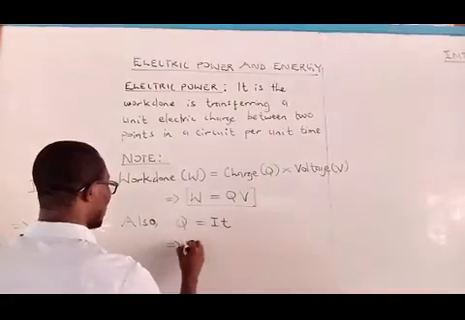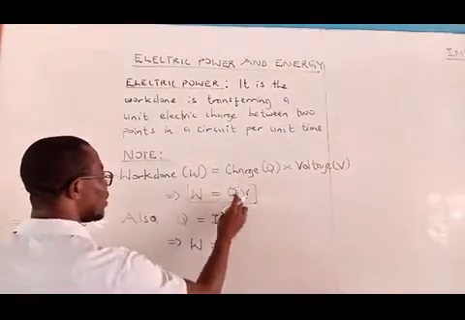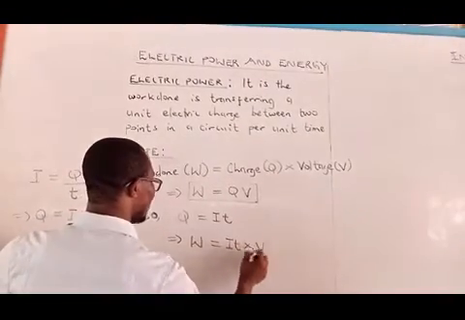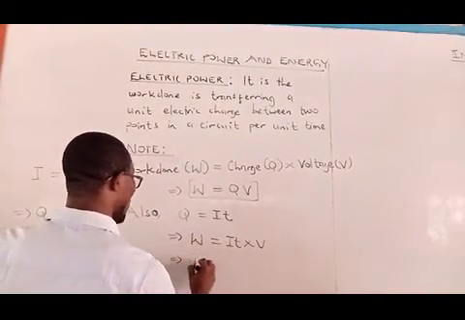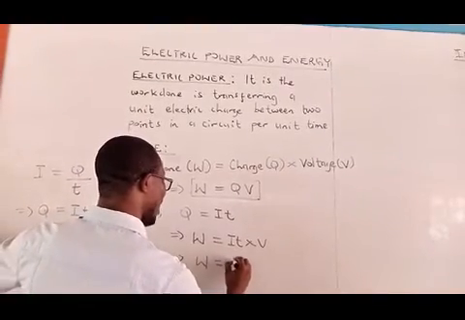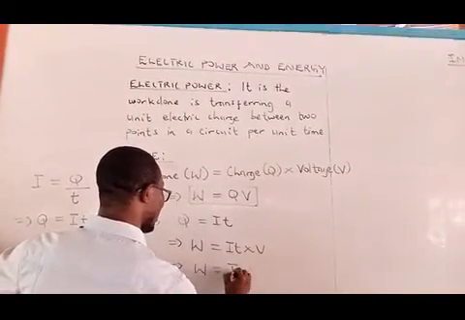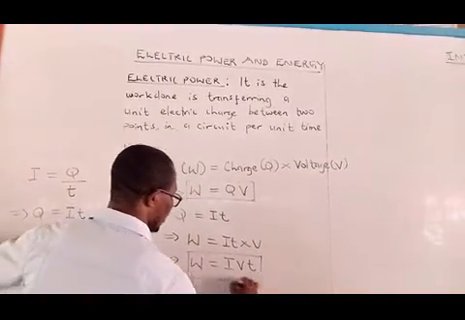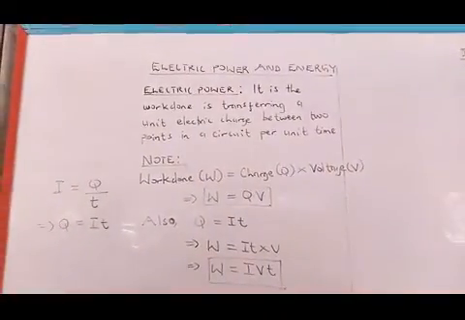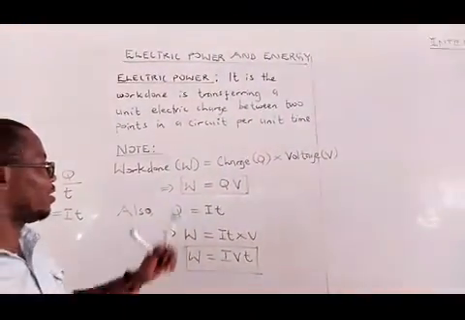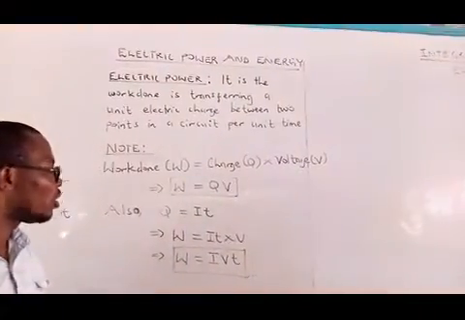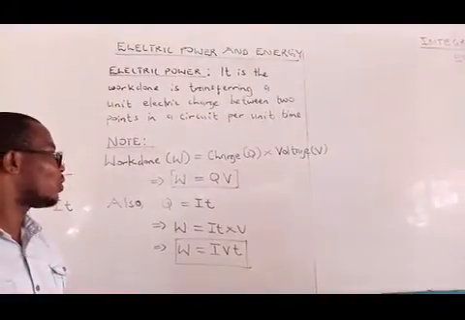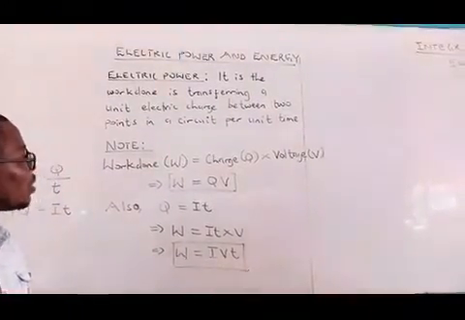If you do your substitution, in place of Q you put IT, so the work done will be IT times V. If you rearrange that, your work done will be equal to IVT. So your work done is charge times voltage, and in terms of current and time, it is current times voltage times time.